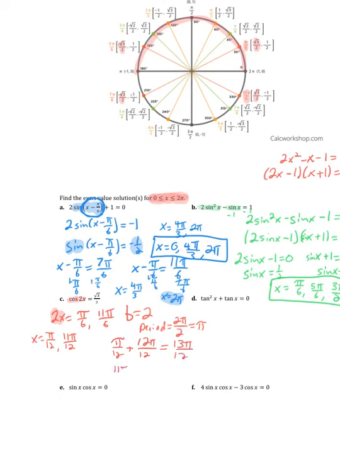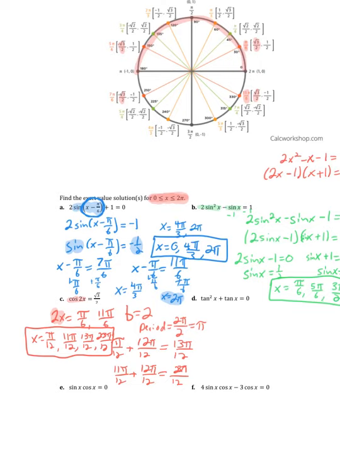If I did 11 pi over 12 plus 12 pi over 12, I get 23 pi over 12. And that also falls inside the interval. So technically, I could add two more values here: 13 pi over 12 and 23 pi over 12. So this one actually has 4 correct answers that fall in the interval from 0 to 2 pi.